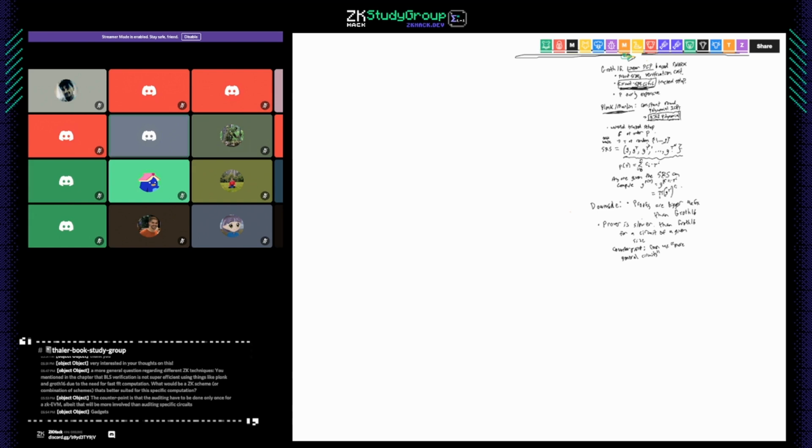Recursive SNARKs naturally apply with minimal overhead in settings where you're doing the same thing over and over again. But for general computations, breaking a general computation up into a bunch of identical looking pieces can result in giant overhead. So you have to be careful here.